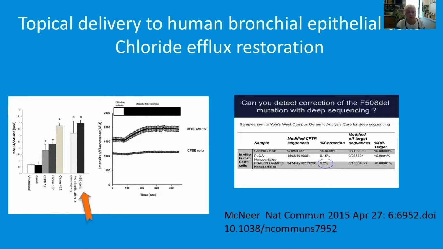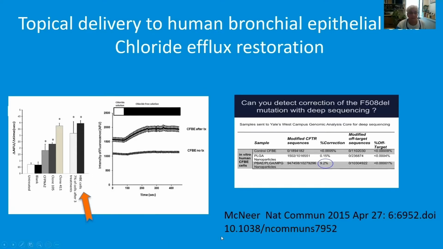And if you actually dive down into those cells, what you can see is there are some cells that have a robust response and some cells that look just like their untreated CF counterparts. And really it is about 7% of those cells that are showing a much more robust response, closer to what we see in human bronchial epithelial cells, which is represented here in black.